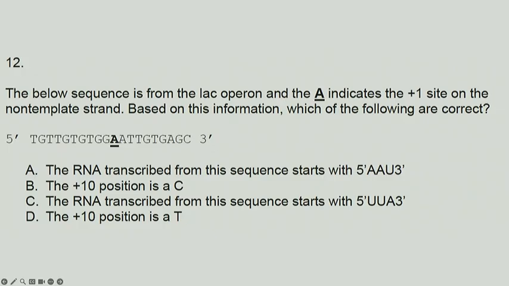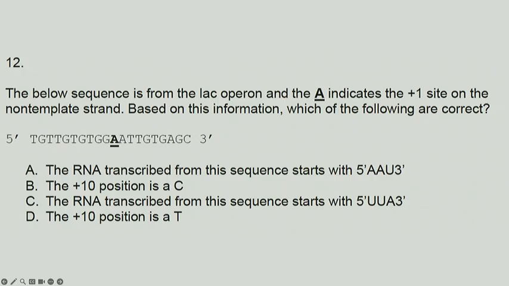And then between A and C, how does the RNA transcribed from this start? We'll go downstream. The non-template sequence is the same as the RNA sequence because the template is complementary, right?